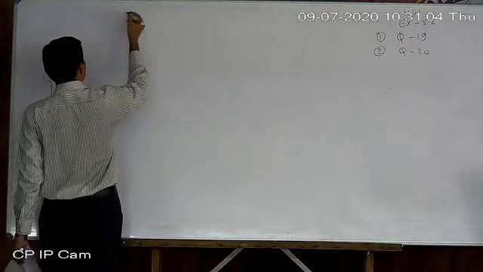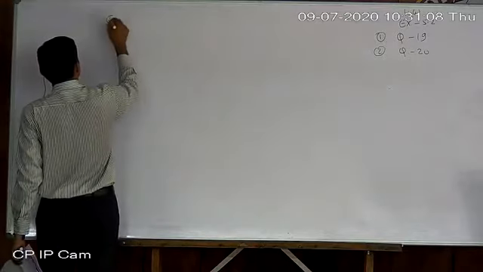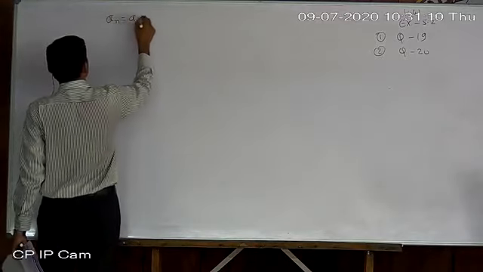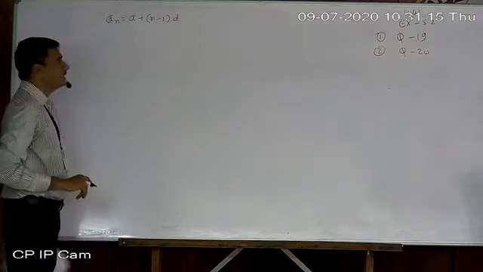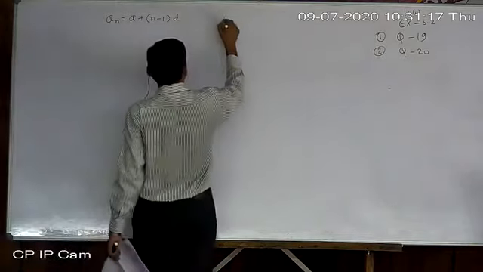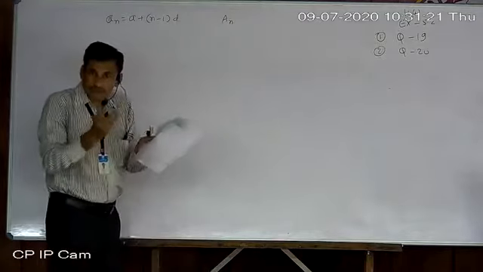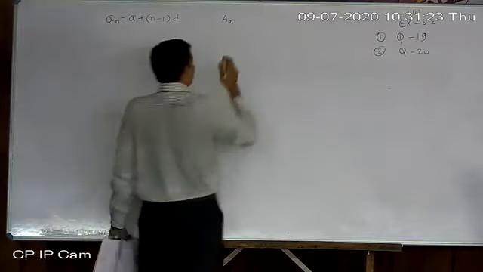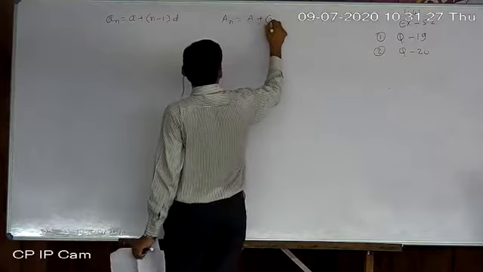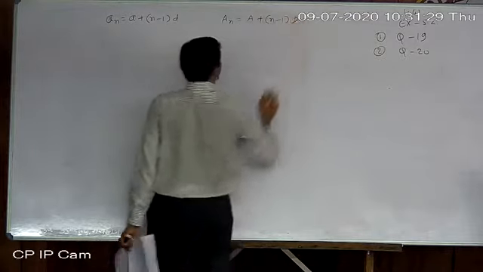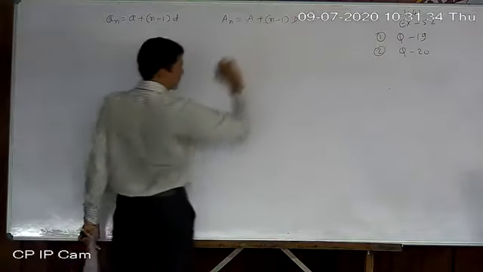So in the first AP, suppose a n equals a plus n minus 1 d. In the second AP, we write capital A n. The n remains n only because the number of terms is equal. Otherwise you can write small but with a prime also.